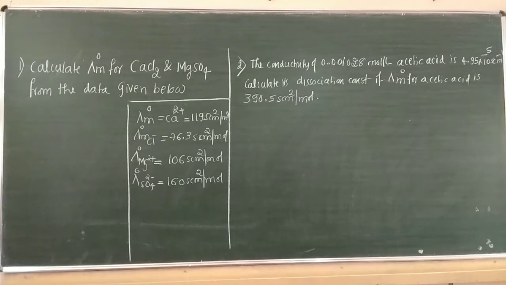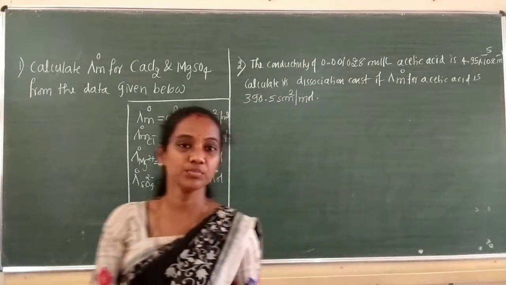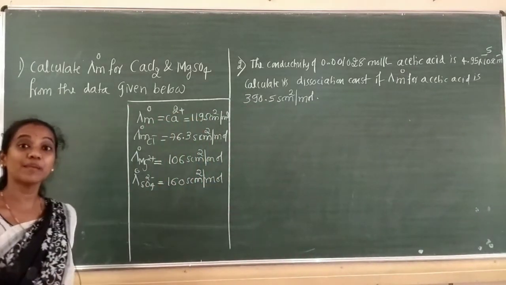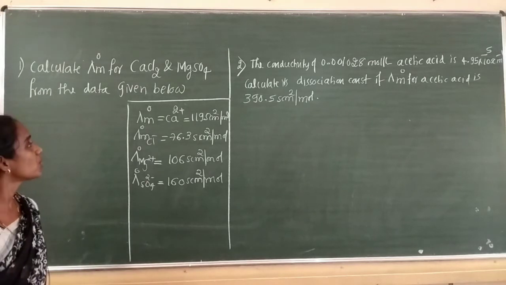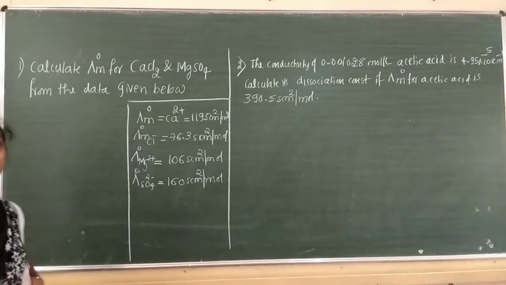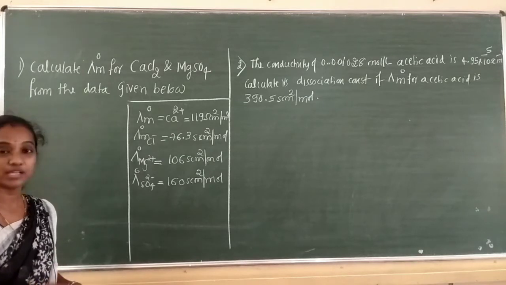Okay, now let us consider the first problem. Calculate lambda m naught for calcium chloride and magnesium sulfate from the data given below.